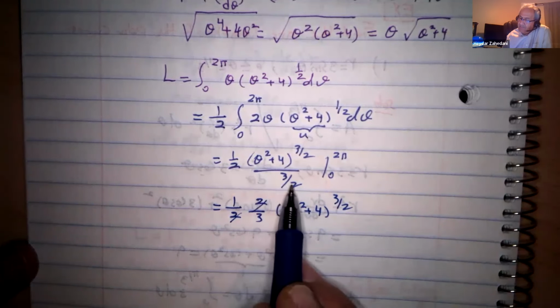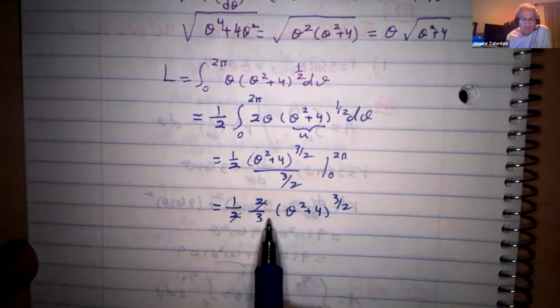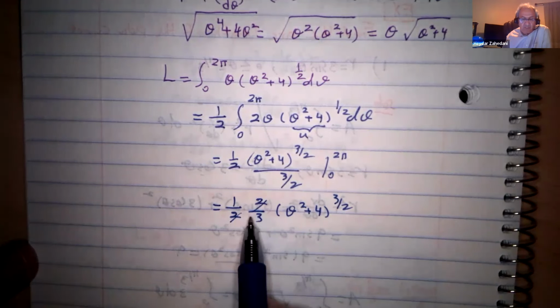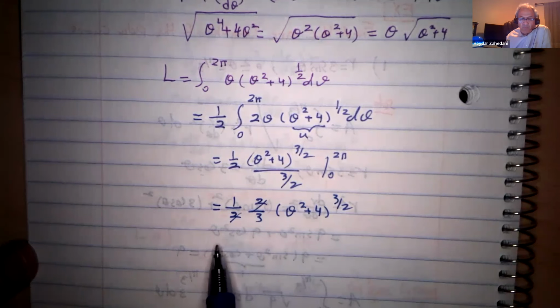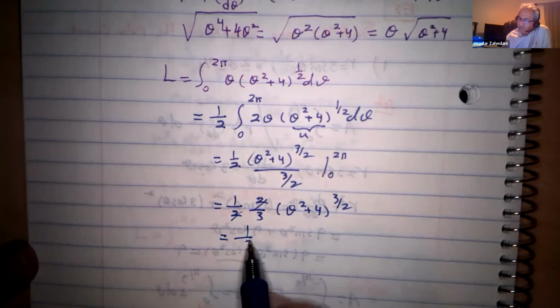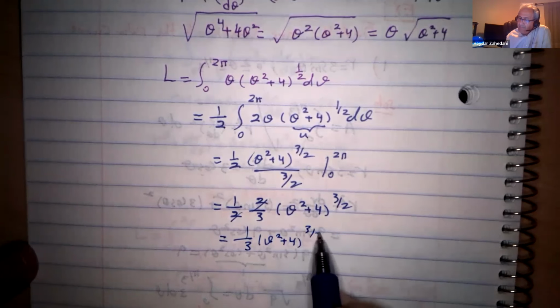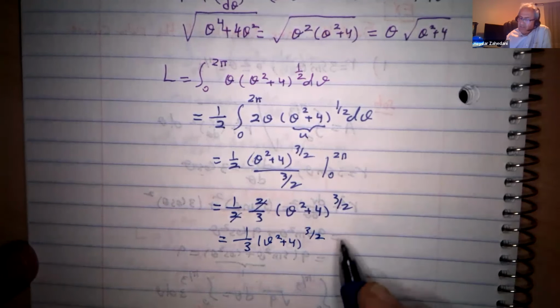I'm sorry, that's correct. It's a 1/2 and you get the 2/3. These two would cancel out. Okay, so I'm going to get the 1/3. So the 1/3 theta squared plus 4 to the 3/2, evaluated from 0 to 2 pi.